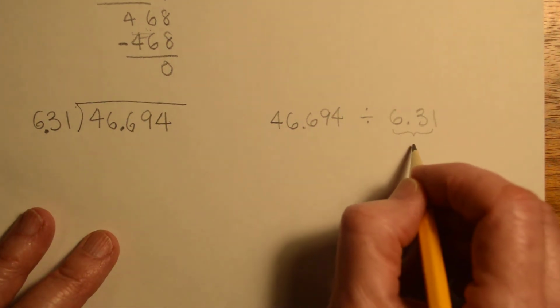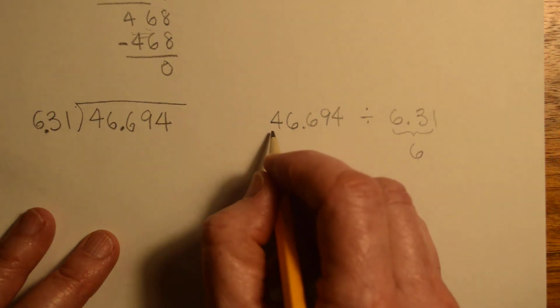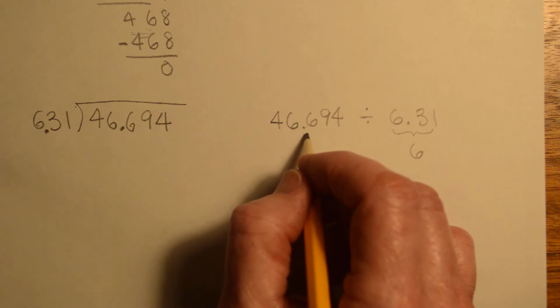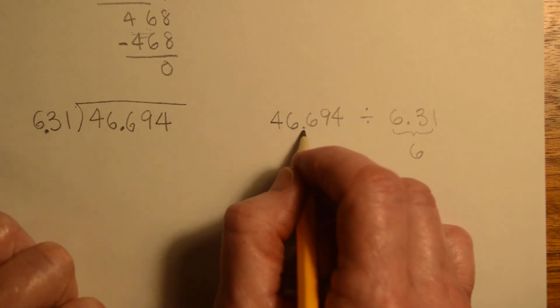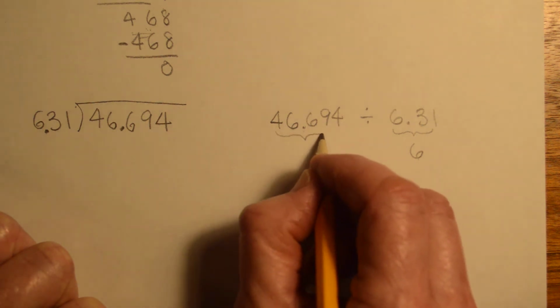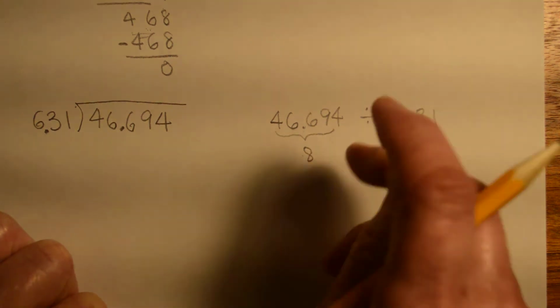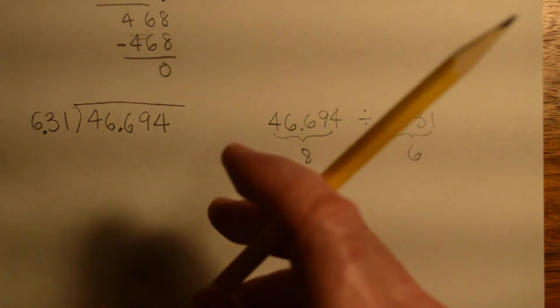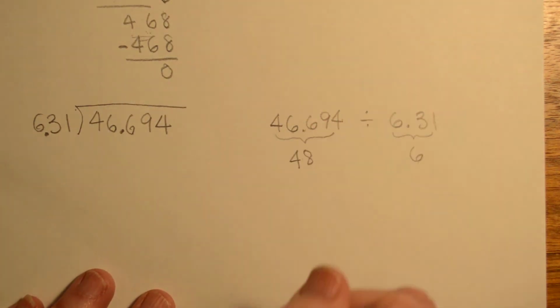I would say I'm going to choose this as a 6. I could choose 47 here because 46.694 is closest to 47, but doing 47 divided by 6 is not easy. So I could estimate this to be 48.